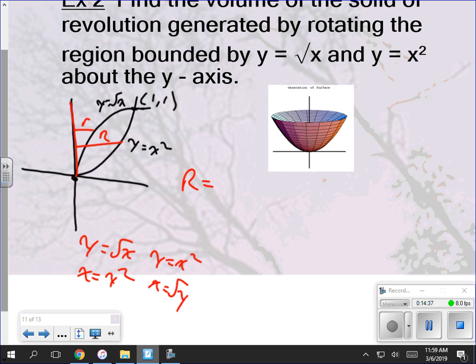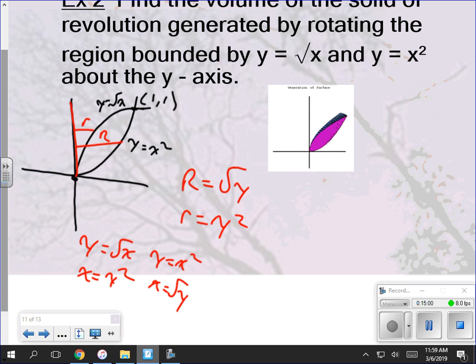So my big R and my little r. My big R would be square root of y, because this curve here is my big R. And if y equals x squared, that means x equals the square root of y. So this is the square root of y, and r would equal y squared.